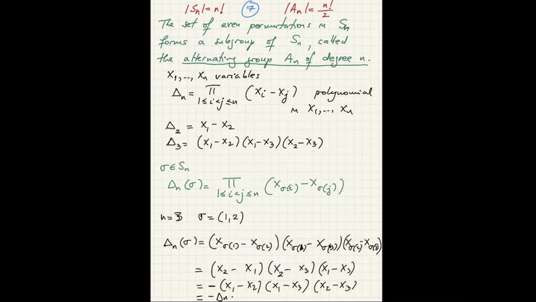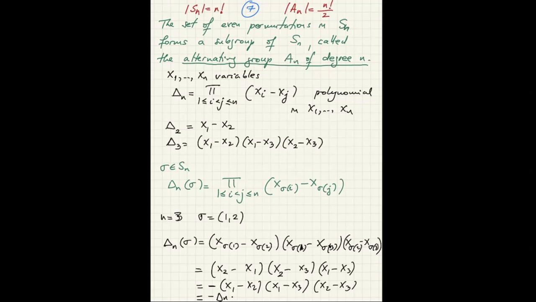Okay. Now, why is this called the alternating group? It has to do with a certain type of polynomial. Let's say we have n variables, x1, x2, ..., xn, and we look at this multivariate polynomial in these n variables or indeterminates, x1 to xn.